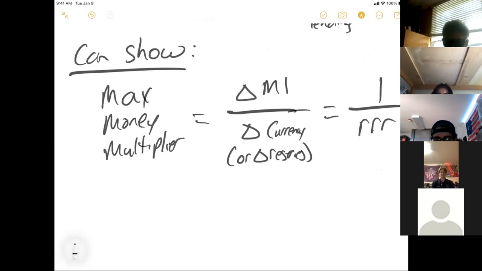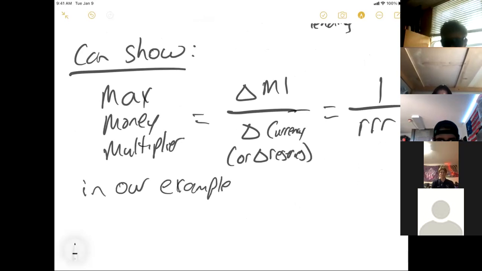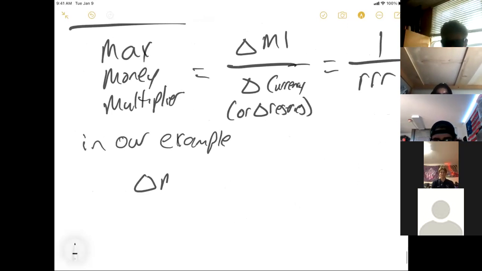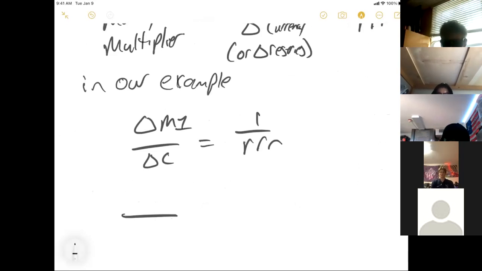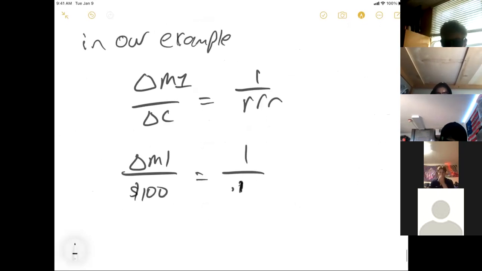Okay, so in our example, here's our money market formula. What was the change in currency? $100. And what's the reserve requirement ratio? 0.1.